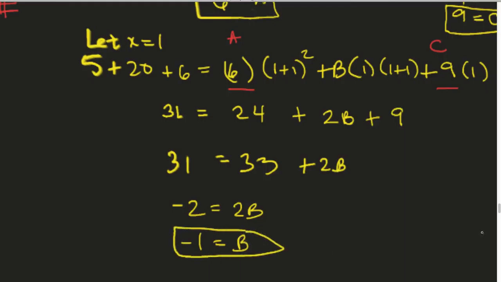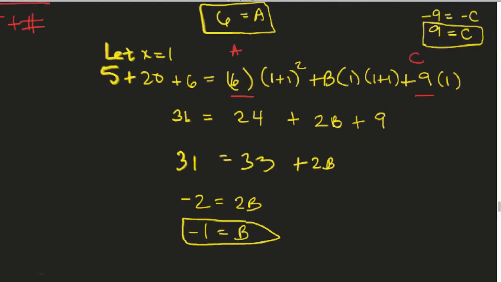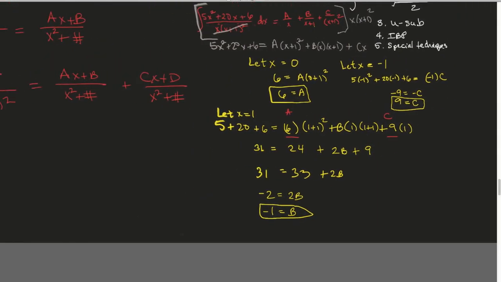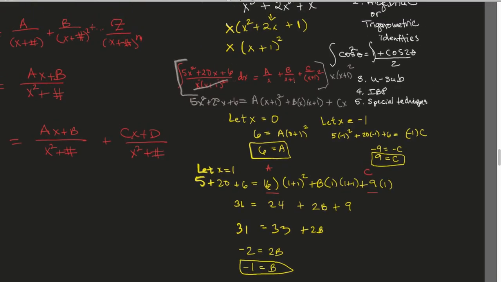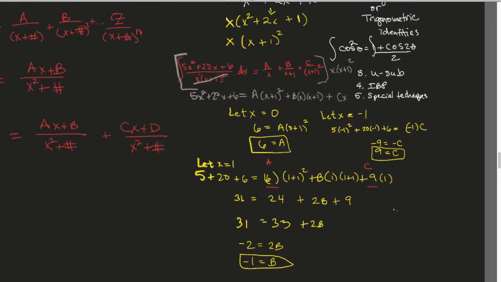Now what we have to do is look at the original problem and plug back in. A was over x, so the integral of 6 over x. And then B, I'm getting this from the original point where we broke them apart. B was -1, so it's -1 over x plus 1.